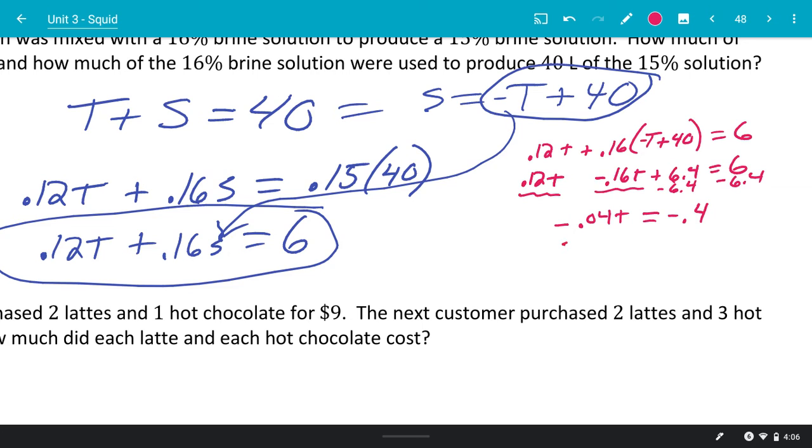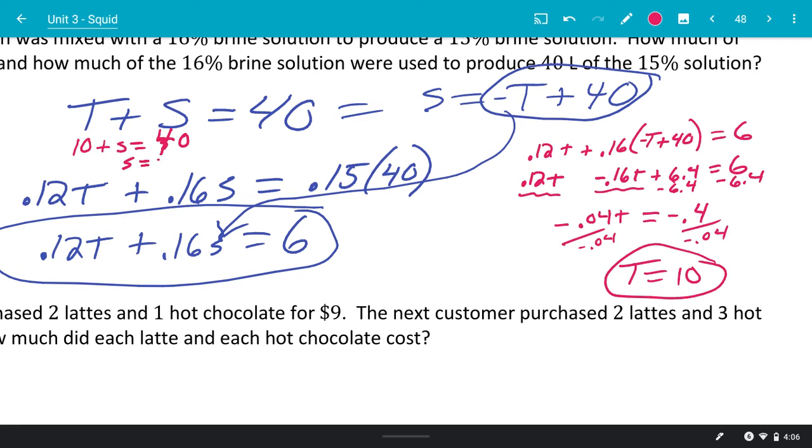So divide by negative 0.04, divide by negative 0.04, and T equals 10. Take that value, plug it back in up here. 10 plus S equals 40. So S equals 30.